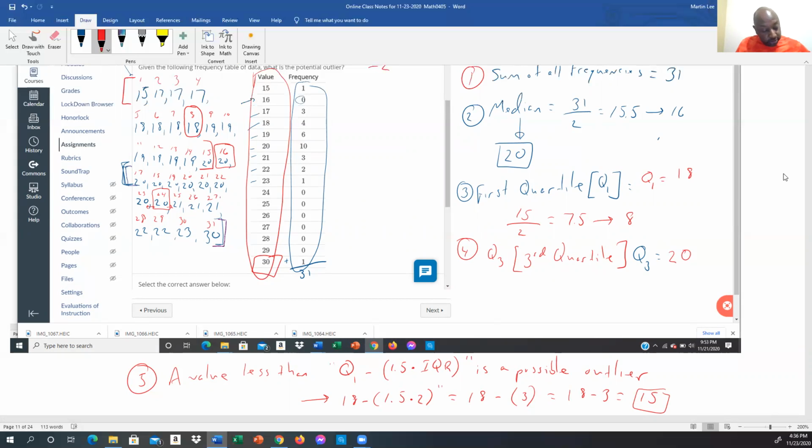And that is my only value. So for this problem, we only had one outlier from our data, and it is the number 30. That's a lot of detail, but that's how you work out these problems that involve how to find a possible outlier. All right, let's move on to the next problem.